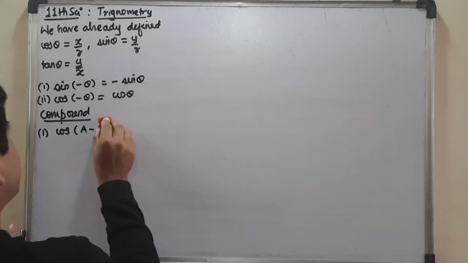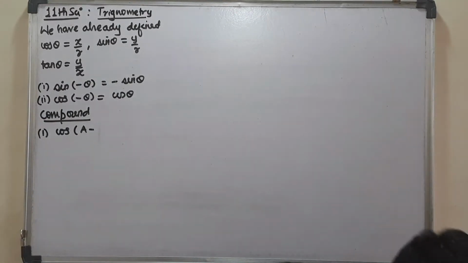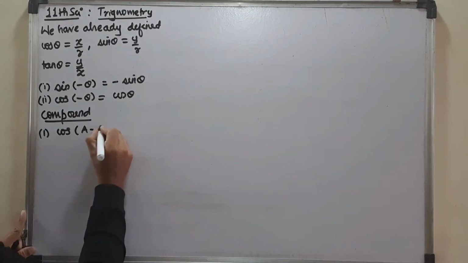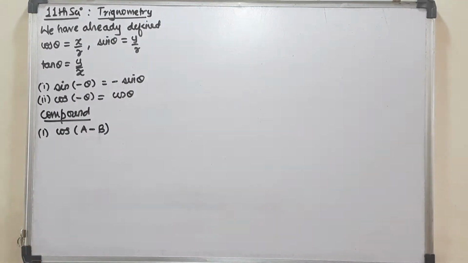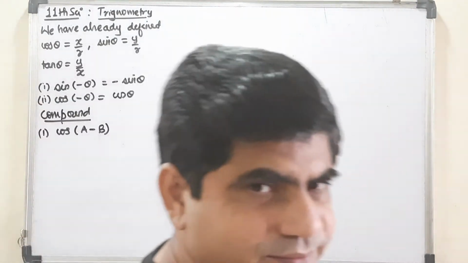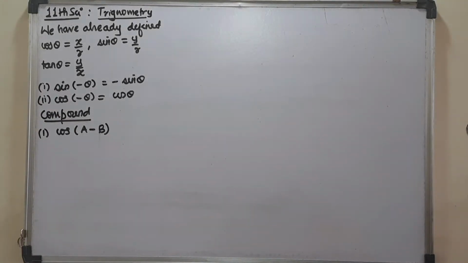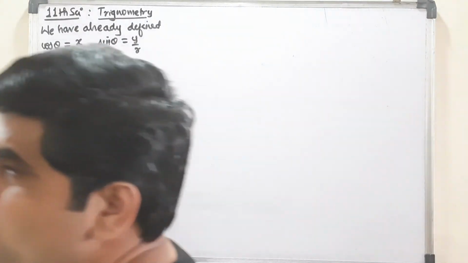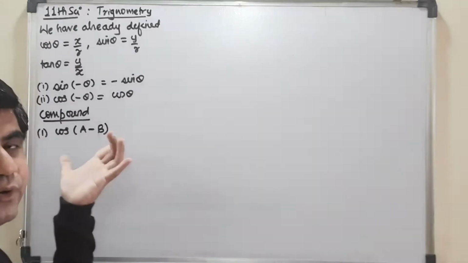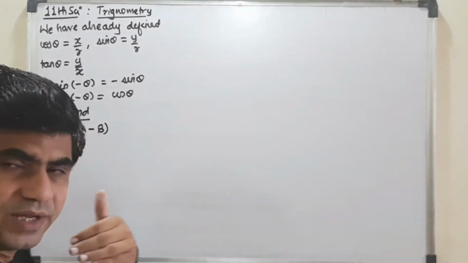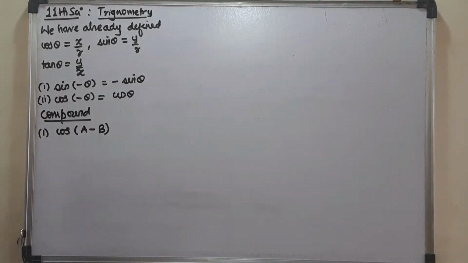You may say that I said compound and I am writing minus, but obviously it is addition only, because it can be written as cos of A plus bracket minus B. So instead of writing two signs, we are writing here only cos of A minus B. Now what exactly is this and how can we get this formula? If you get this formula, you will be able to derive all the remaining other formulas. So let us understand how I am going to do it.